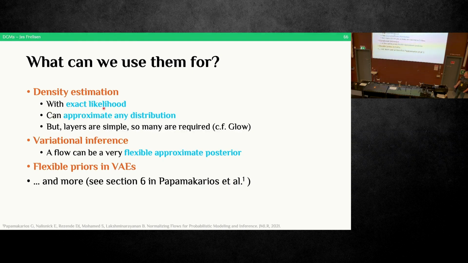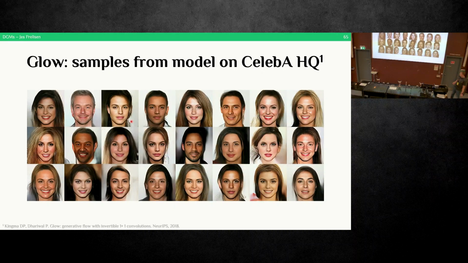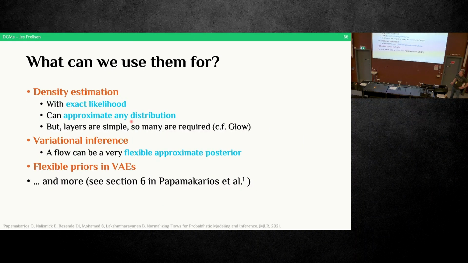And in principle, it can approximate any distribution. We saw a hand-wavy argument for that in the beginning. But the layers are simple, so they end up being very deep. Particularly this GLOW model, I can't remember the number of layers. Did I put it on the slide? But it has hundreds of layers as far as I remember.